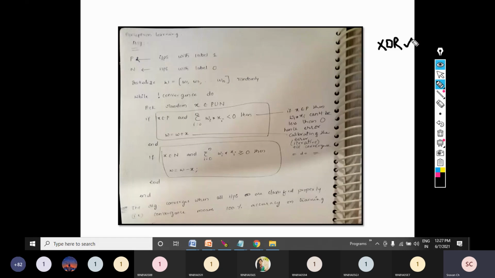On such problems, the perceptron's learning algorithm was found to be not converging effectively. So for that purpose, we use the concept of gradient descent to improve or optimize our algorithm. So friends, what is gradient descent? This is the core part of the backpropagation algorithm. This is very, very important, right?